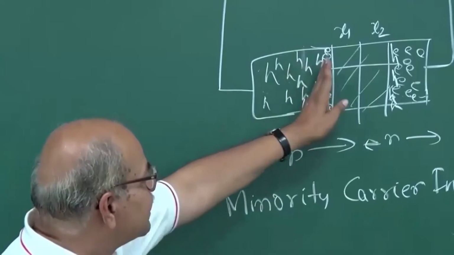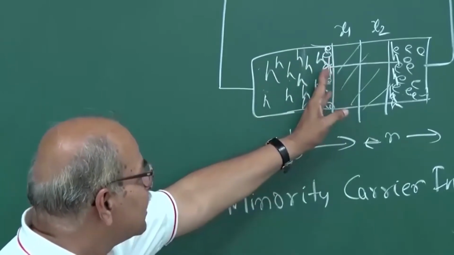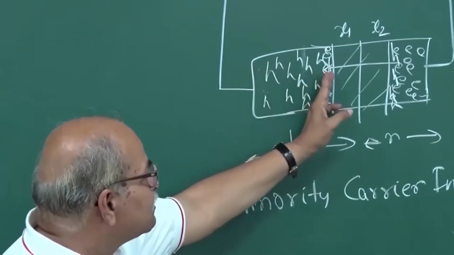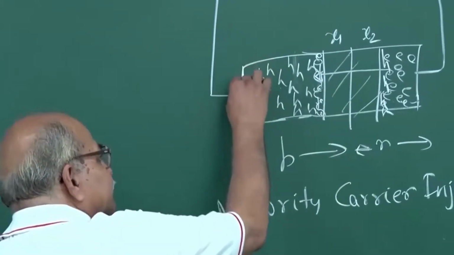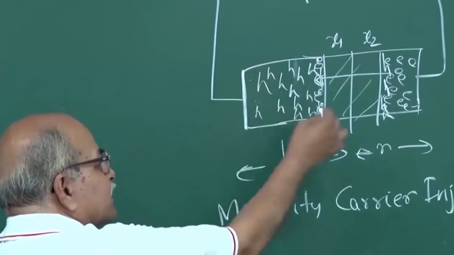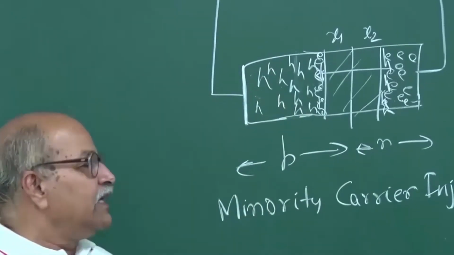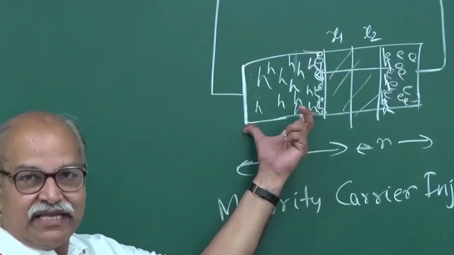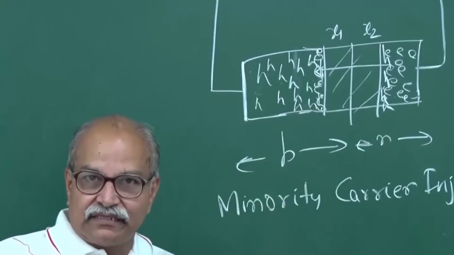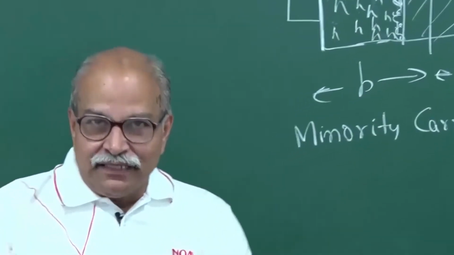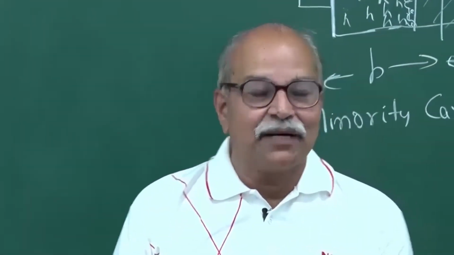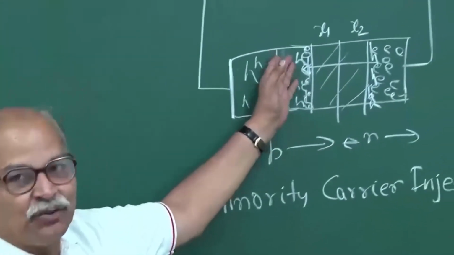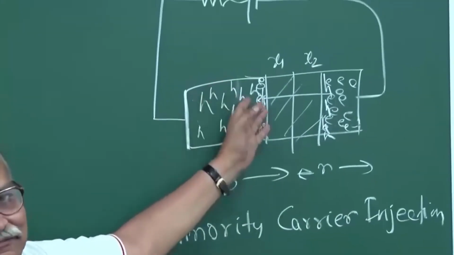These are now minority carriers which are diffusing from right to left, from the edge of the depletion layer to this contact here, and if this width is sizable, then in the process these electrons can combine with the holes because there are so many holes sitting here.